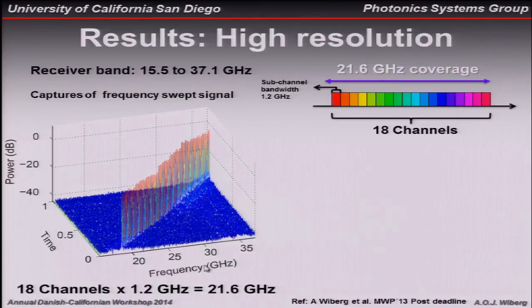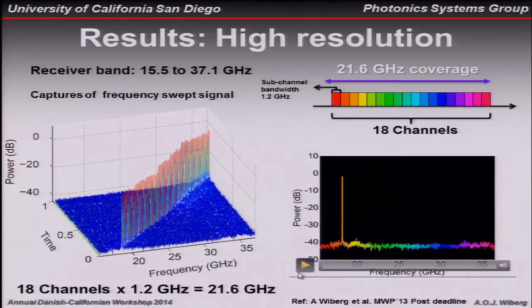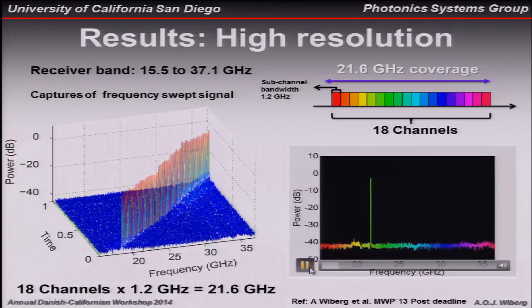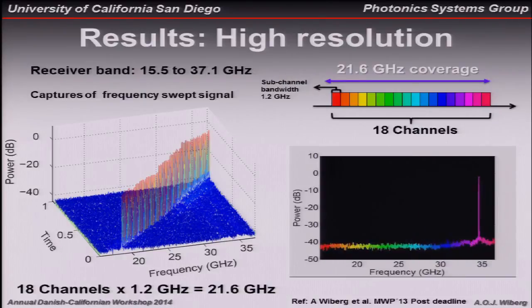We can look at it in this frequency time plot. Or we made a little movie where we stare at all the channels all the time while we change this frequency, to just show that it seamlessly moves over the different bands as expected.